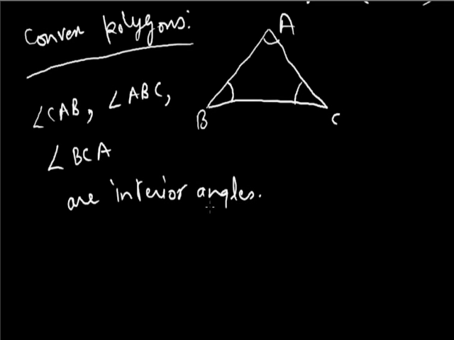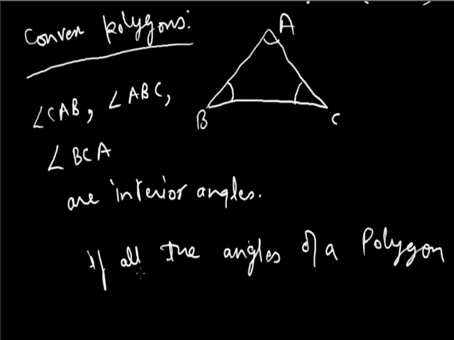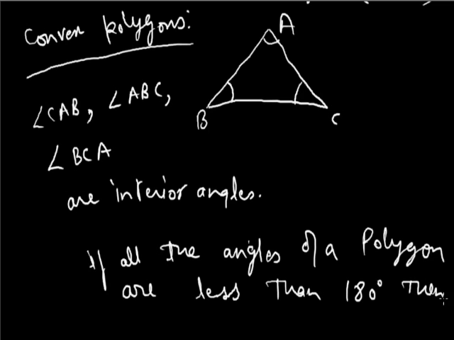So if all these interior angles in any polygon are less than 180 degrees, then that polygon is called a convex polygon.